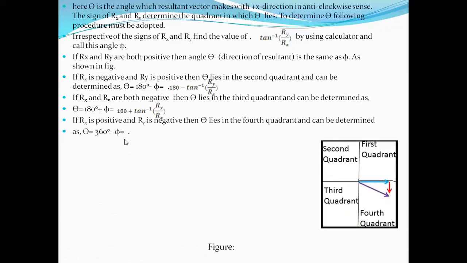Last quadrant: if Rx is positive, which is positive x-axis, and Ry is negative, which is negative y-axis, theta lies in the fourth quadrant and can be determined as theta is equal to 360 minus phi, or it can be represented as 360 minus tan inverse Ry over Rx.